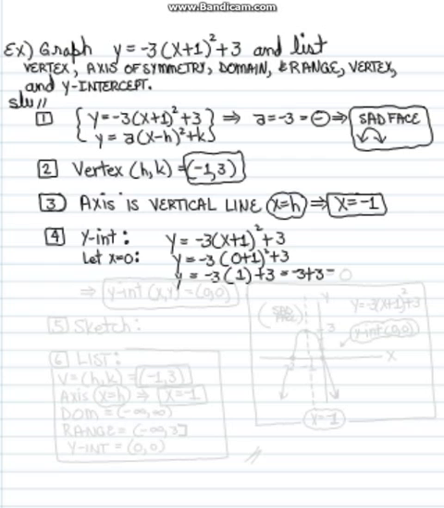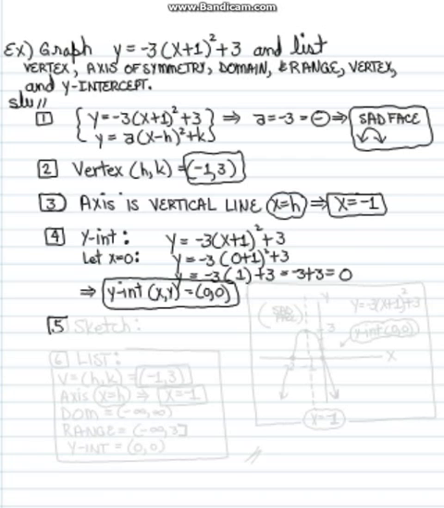Simplify, and you get -3 plus 3, which is 0. So the y-intercept: we started by saying let x equal 0, so the x coordinate is 0, and the y coordinate is what we ended up with, y equals 0. The ordered pair (x, y) for the y-intercept is (0, 0).